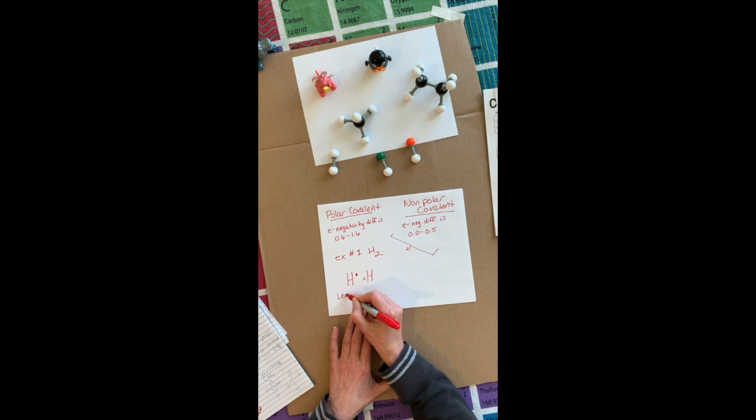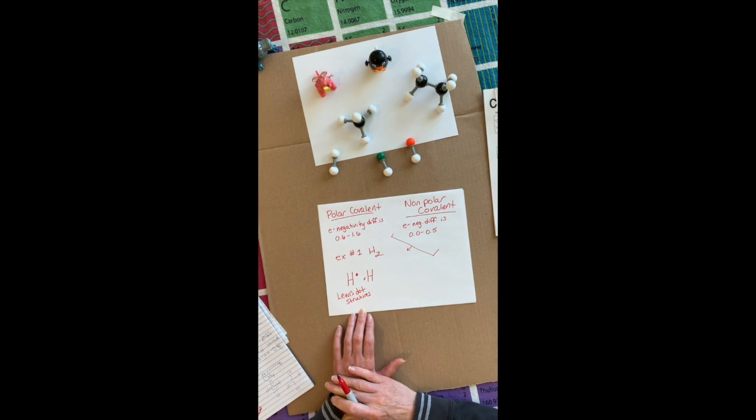Again, these are Lewis dot structures for those hydrogen atoms. Now, what we want to do is create a Lewis dot structure for the bond.